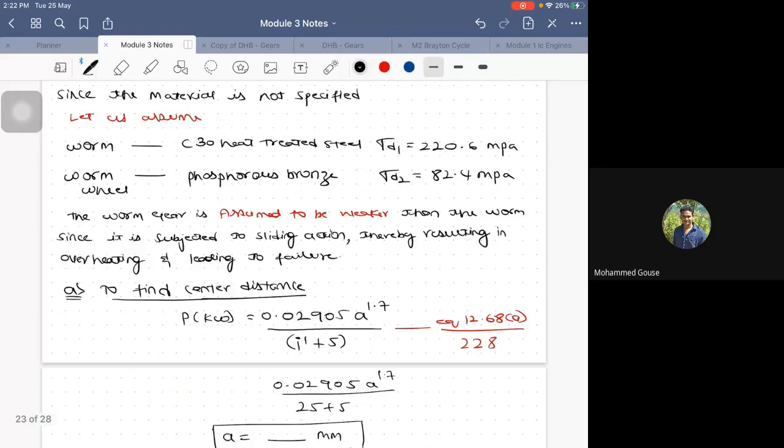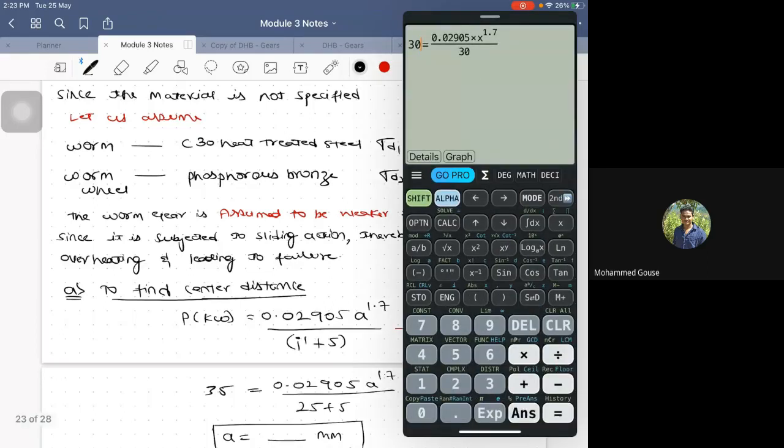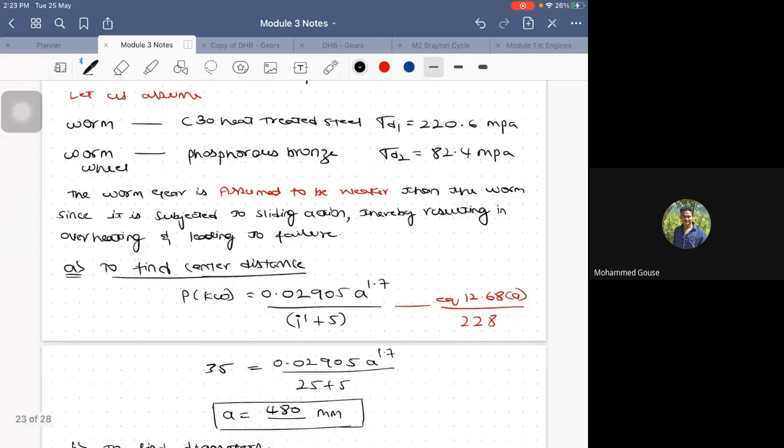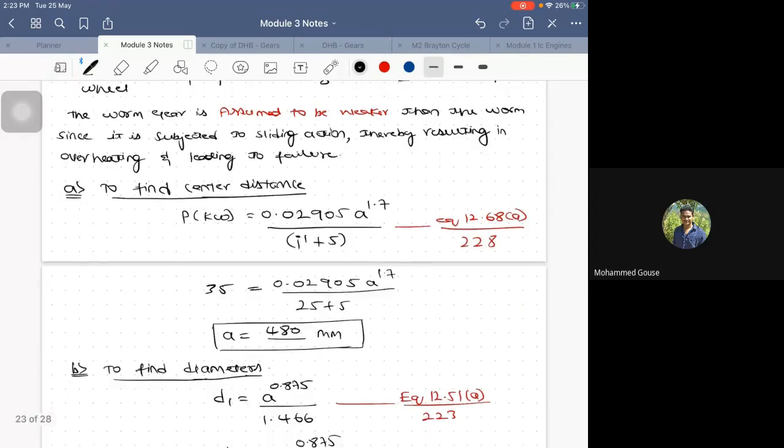Substitute 35 and see what you get. Okay, 370. So we'll take it as 480 mm. Once the center distance is calculated, as Radhik said, calculate the diameters.